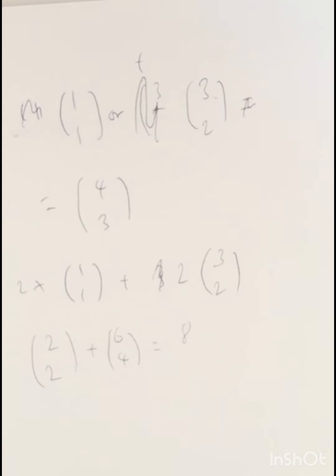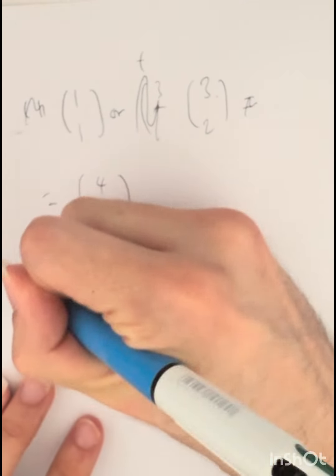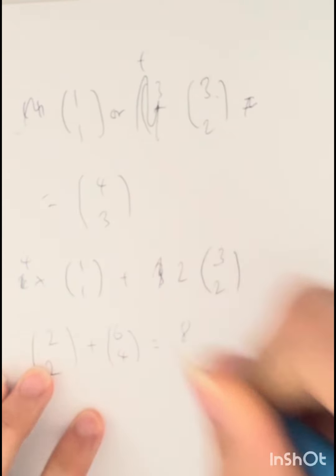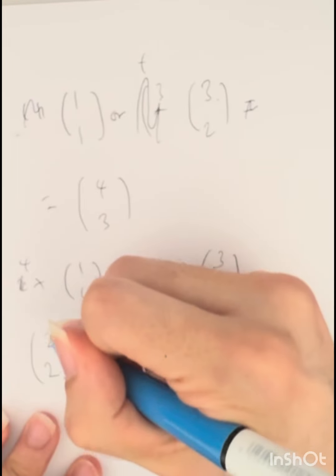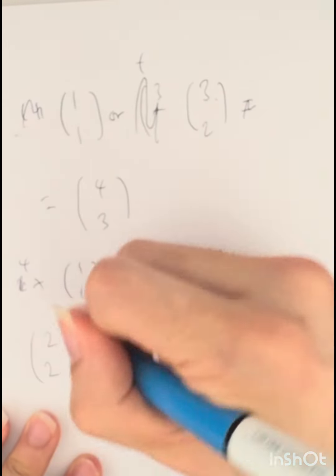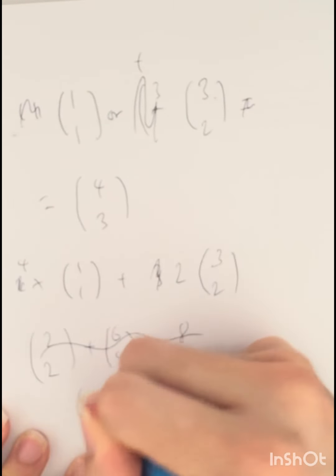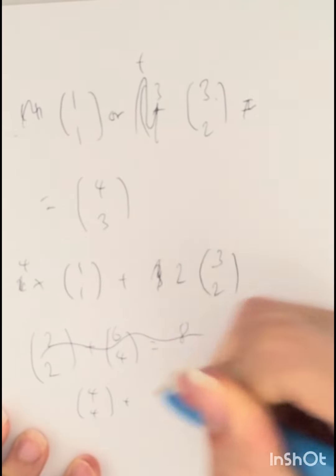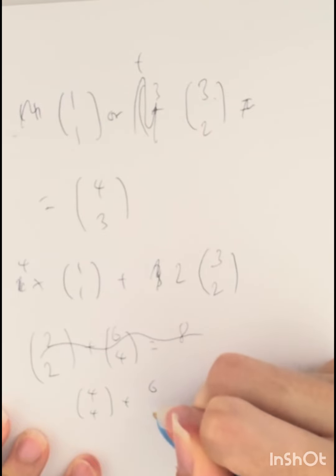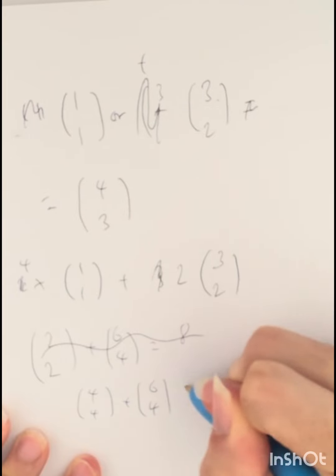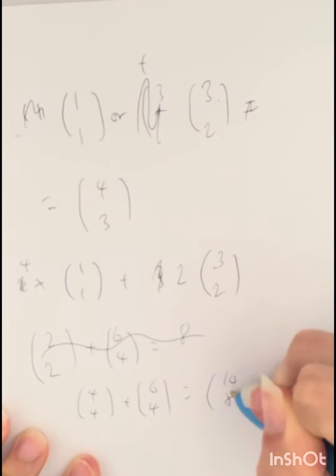That doesn't work. Right. Sorry, if we do 4 times vector (1, 1), so that would give us (4, 4) plus (6, 4), and that equals vector (10, 8).